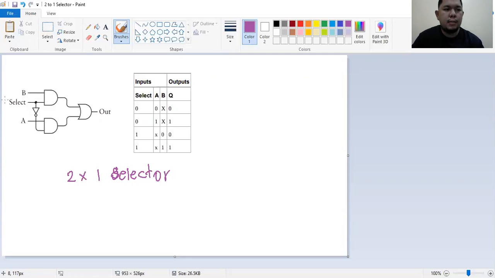If we select 0 in this truth table, we shall see that it essentially selects A, while if we select 1, it essentially selects B.